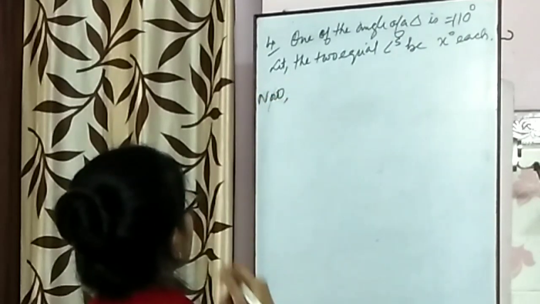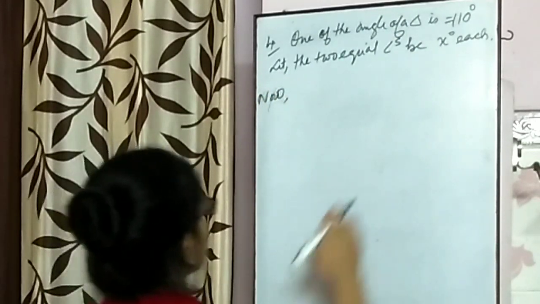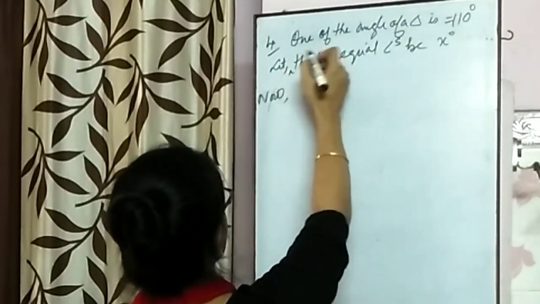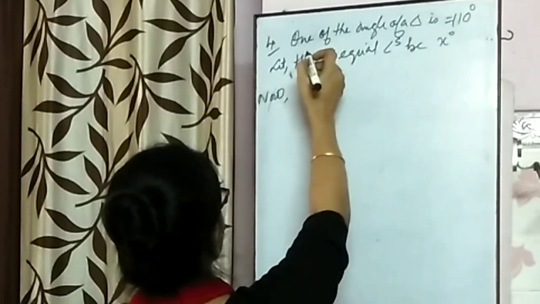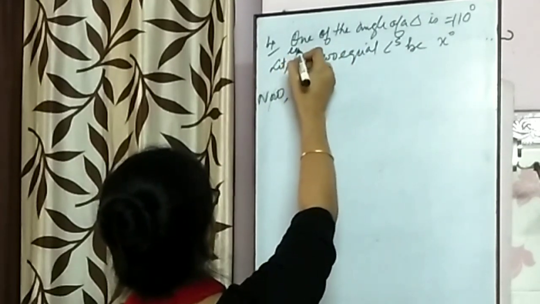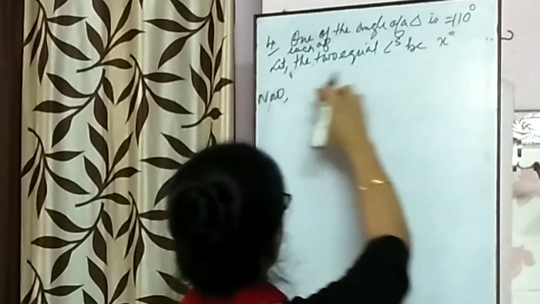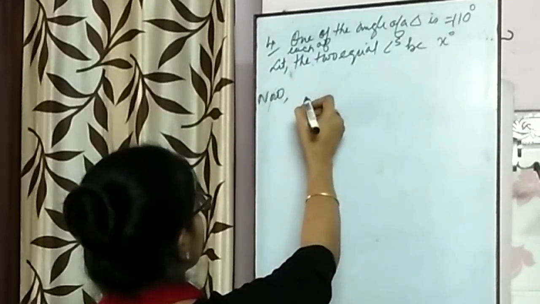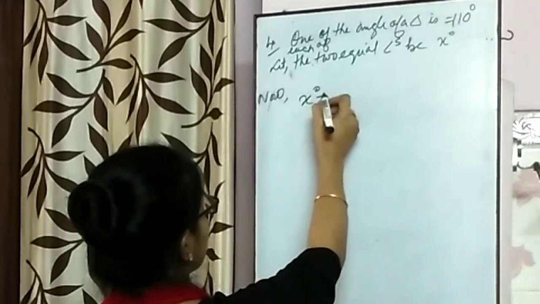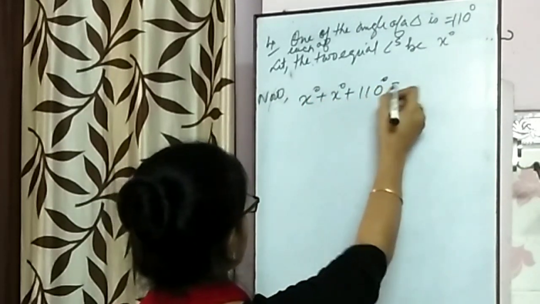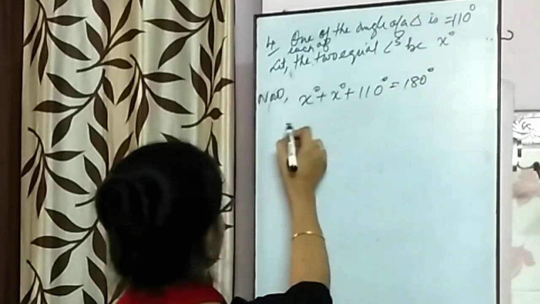Now let each of the two equal angles be x degrees. As the two equal angles are x degrees plus 110 degrees is equal to 180 degrees.